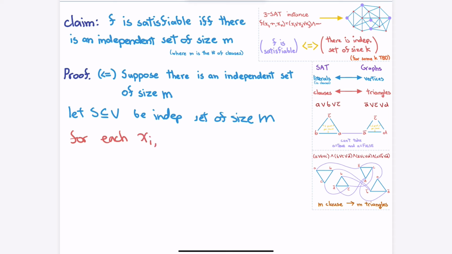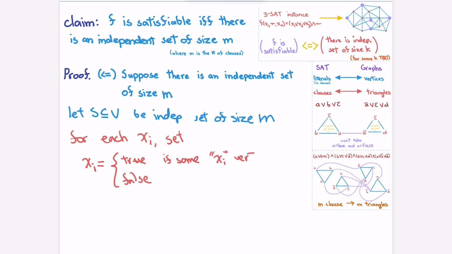Okay, for each xi, maybe I'll set xi to be true if some xi vertex is in S, and then if some, I don't know, this isn't a perfect explanation either.